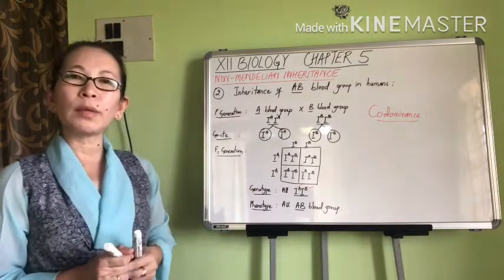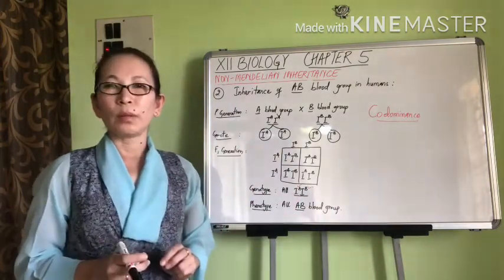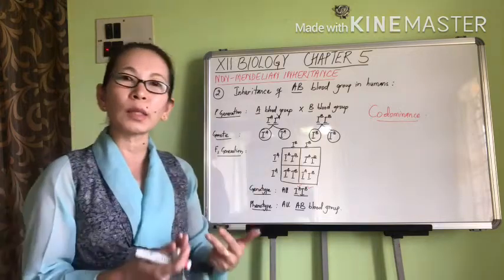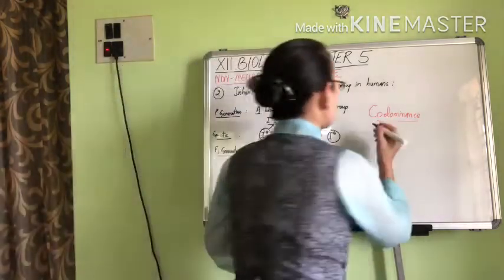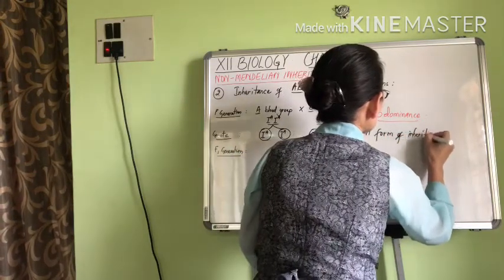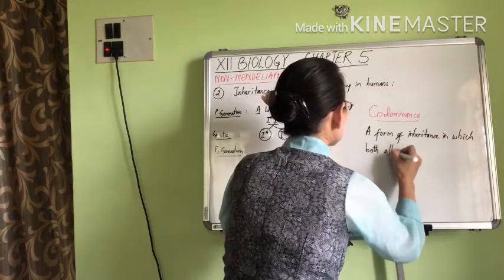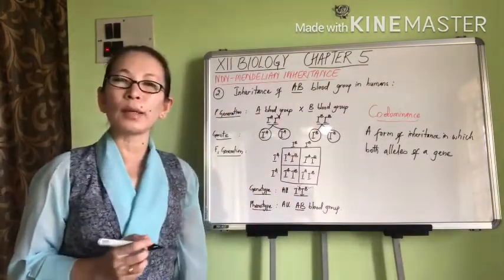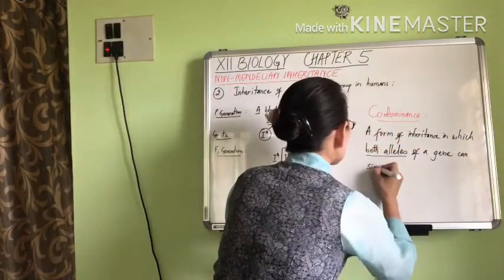Now, what do we mean by codominance inheritance? It is where we have inheritance in such a way that both of the alleles in a gene are able to be simultaneously expressed, completely expressed, when they are present in a heterozygote. Okay, and this phenomenon is codominance. So it is a form of inheritance in which both alleles of a gene, here in the example the I gene, that is the blood group gene, can simultaneously express.